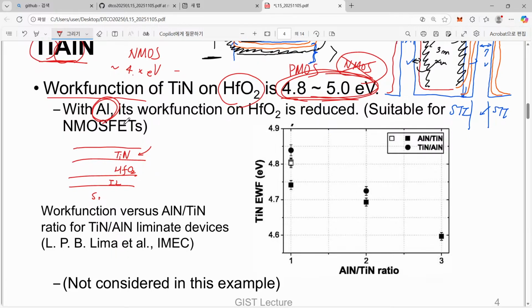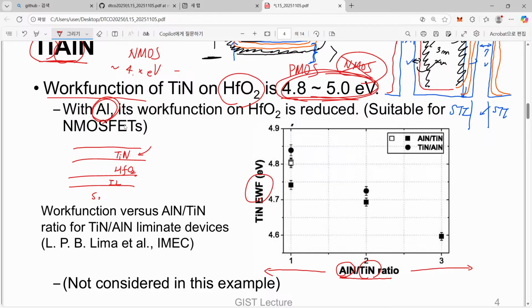Simply speaking, this corresponds to the ratio between aluminum nitride and titanium nitride. If we go in this direction, there is almost no aluminum, and if we go in that direction, there is more aluminum, then you can find that its work function varies according to this aluminum portion.